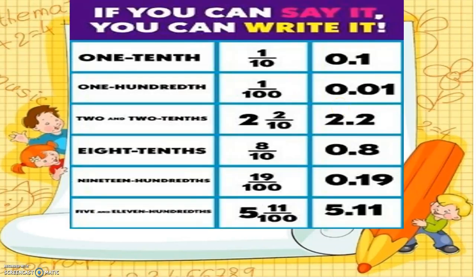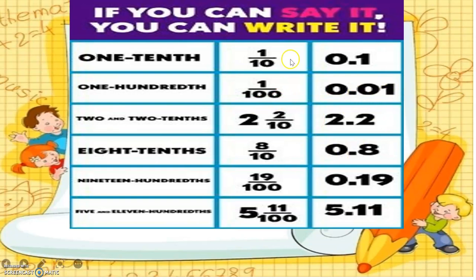Next, about decimals. You can say it and you can write it. 1/10, 1/100, 2 and 2/10, 8/10, 19 hundredths, 5 and 11 hundredths. If it's 10, the decimal place is only 1. If it's 100, the decimal places are 1, 2.